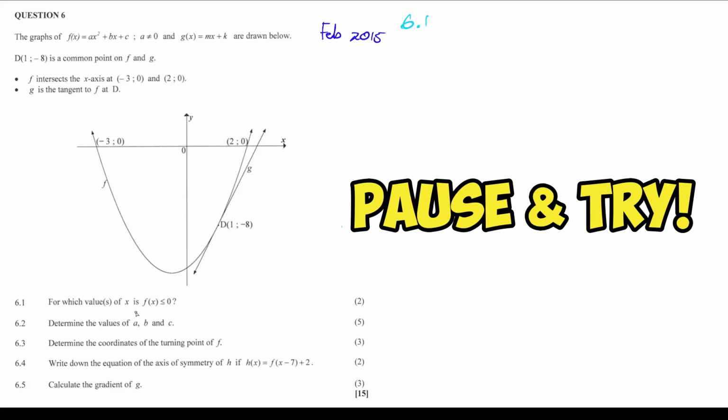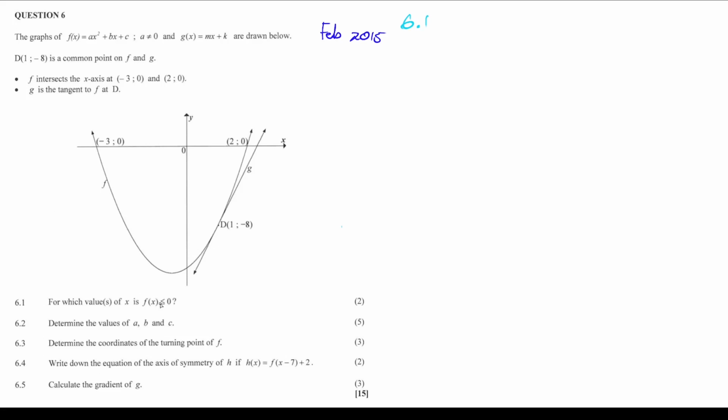For which values of x is f of x smaller than 0? So where is my graph below the line? And that's really simple. This whole business here, from there to there, our graph is below the line.